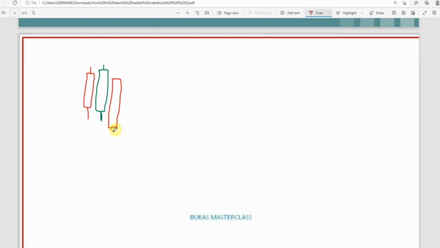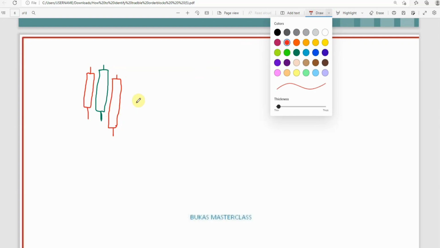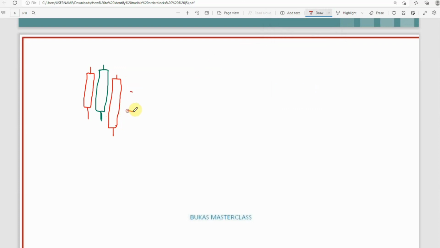We have another sales candle like this, and we have another sales candle like this, and this, and this.